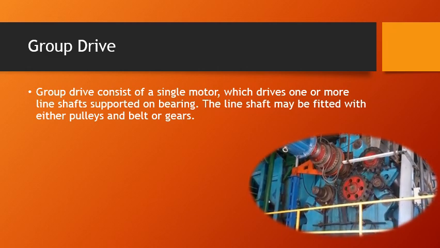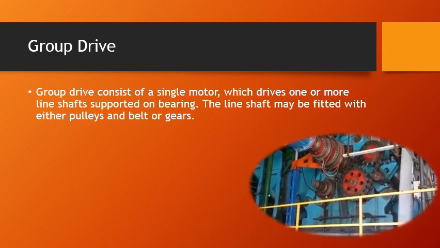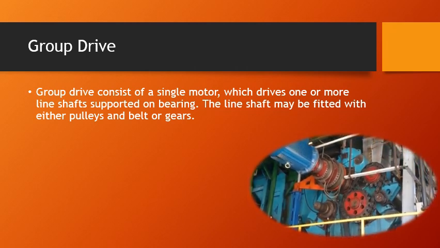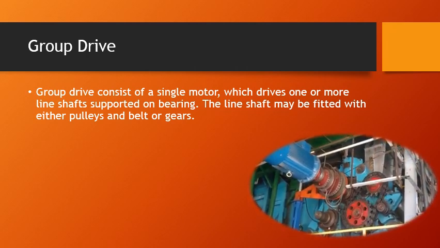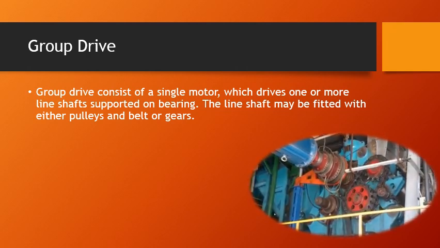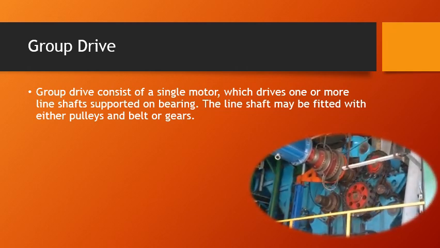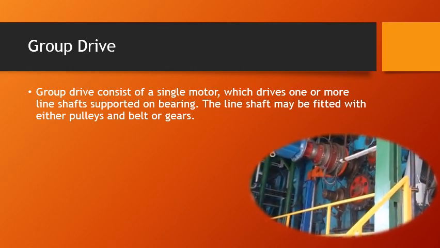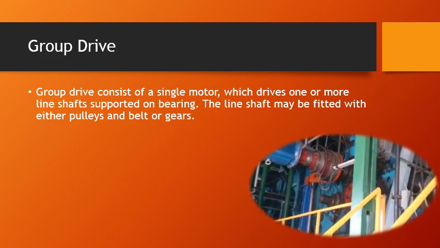Several operations take place with this connection to a single motor. Various operations are connected. One or more line shafts are supported with bearings, and gears are connected. Here you can see the operations. What takes place?